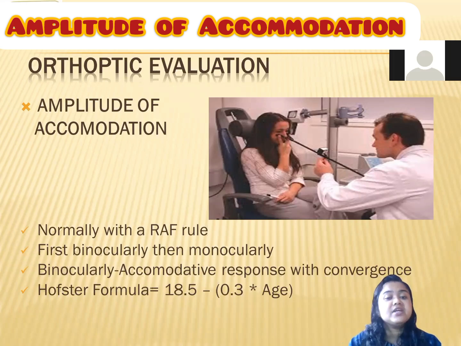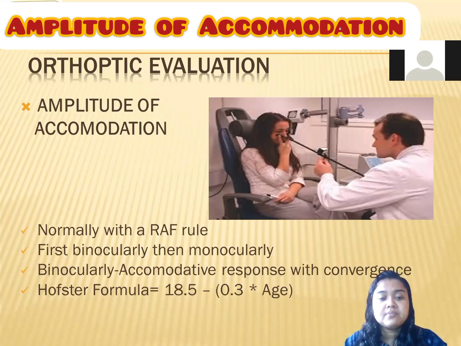18.5 minus 0.3 into age, right? So suppose the patient's age is 10 years. How do we find out what the correct amplitude of accommodation should be for this age? 18.5 minus 0.3 into age.